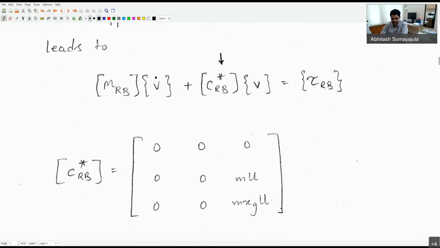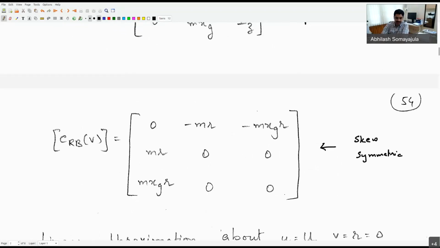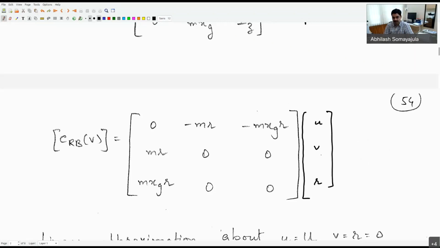You can actually see that indeed, if I look at the CRB matrix and understand what is happening to the terms if I multiply by U, V, and R, you'll see that minus mr times V will become 0 because that will be a nonlinear term and the values will be very small.